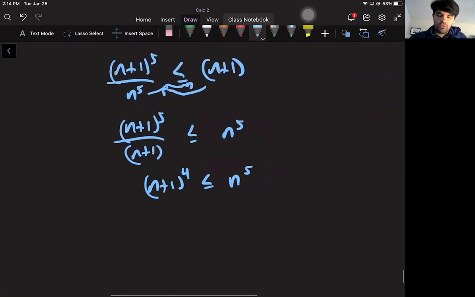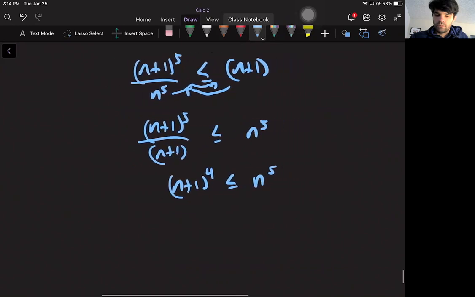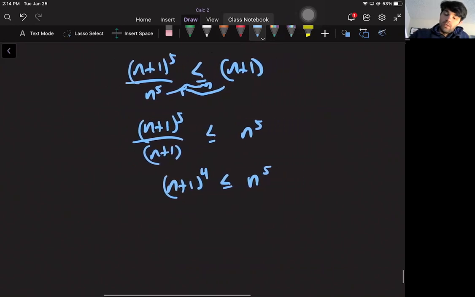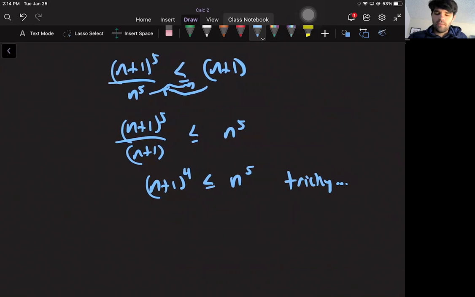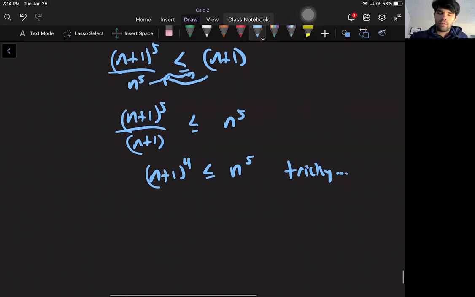So when is this true? This is tricky. Let me think. Do I know when this is true? Yeah, so there's no easy way to see exactly which value of n this happens for.